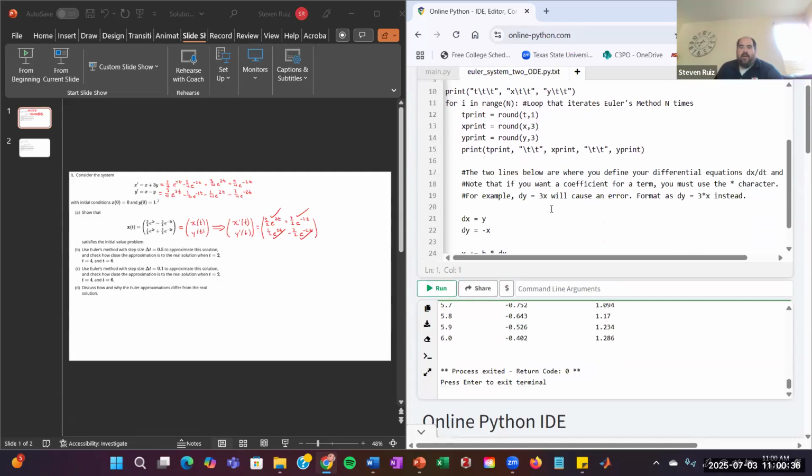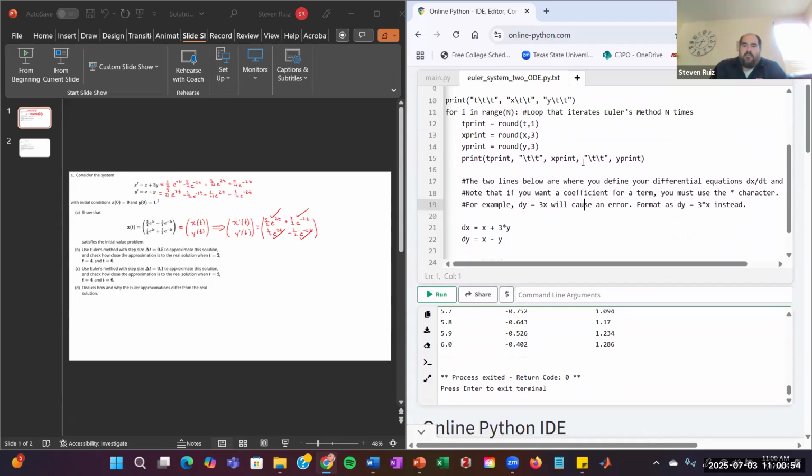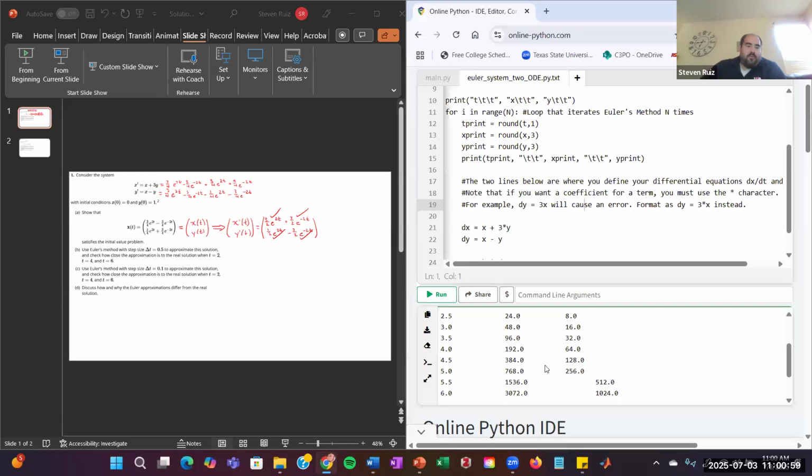Now I have to enter the differential equations. So dx is equal to x plus 3 times y, and dy is equal to x minus y. Now, if I run this, I should get all the information I want. So with that t equals 0.5 step size, let's write down the ordered triples I got.